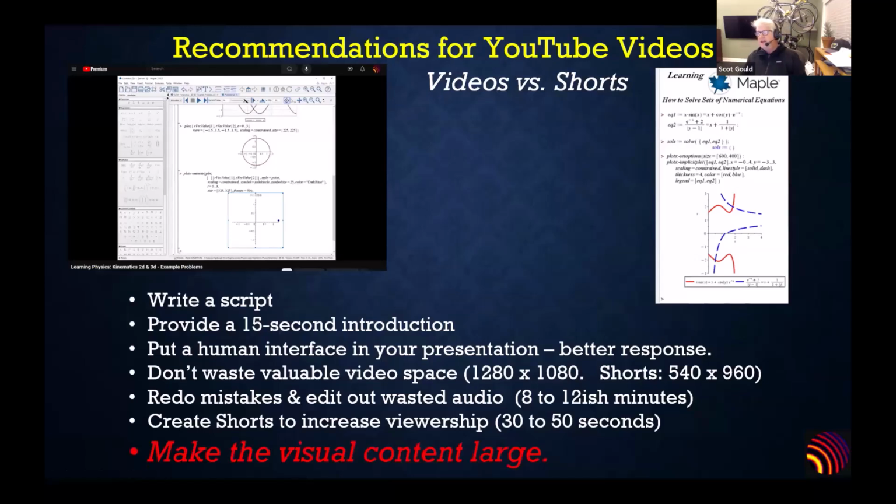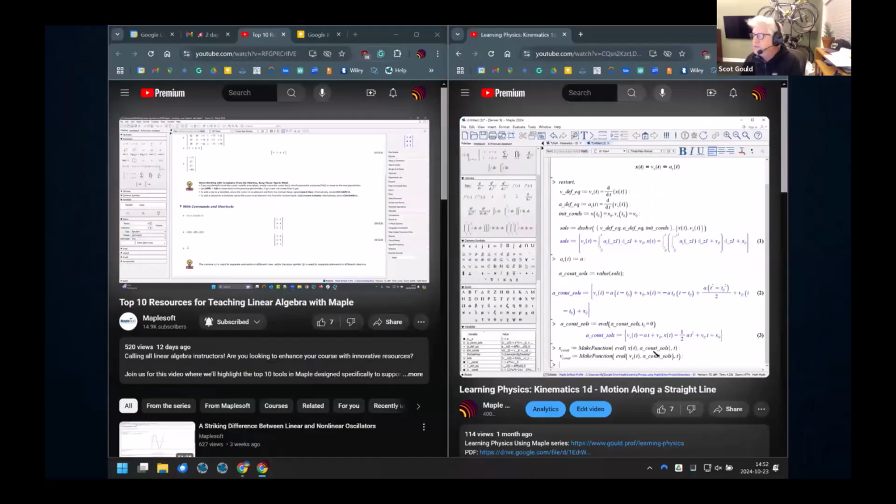And of course, something that has been really good actually at this conference is to make your visual content large. But the problem is, here is, and I apologize to whoever made this, an example of what I saw filling up half my screen.